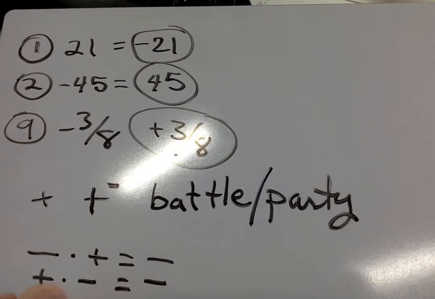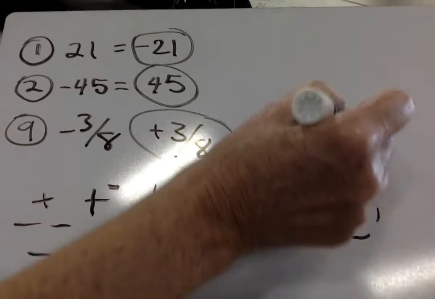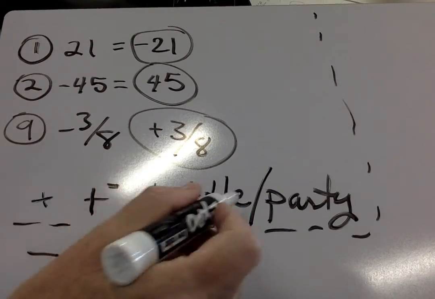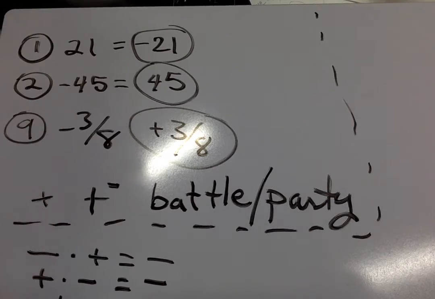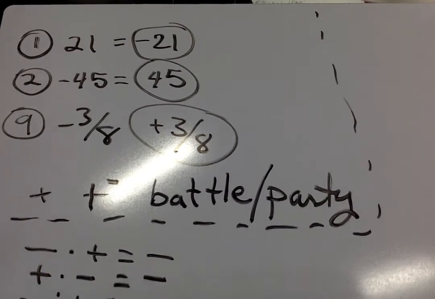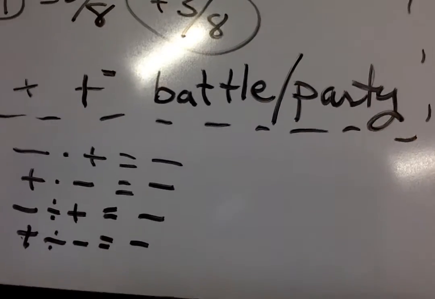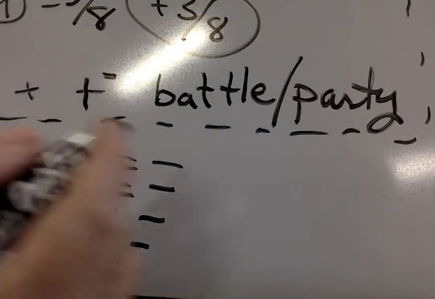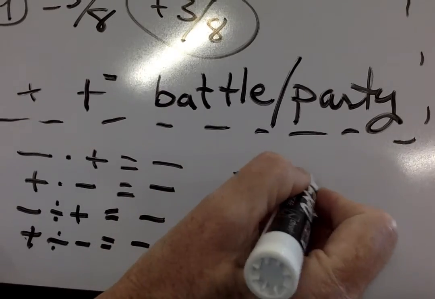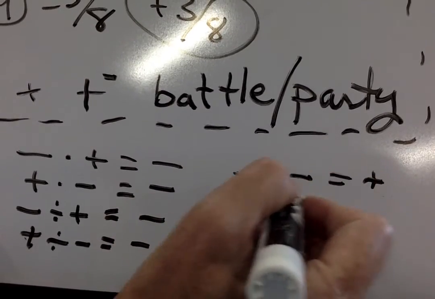Again, for adding, it's battle or party, and then the rest of this is multiplication. If it's multiplication or division and the signs are the same, your answer is positive.